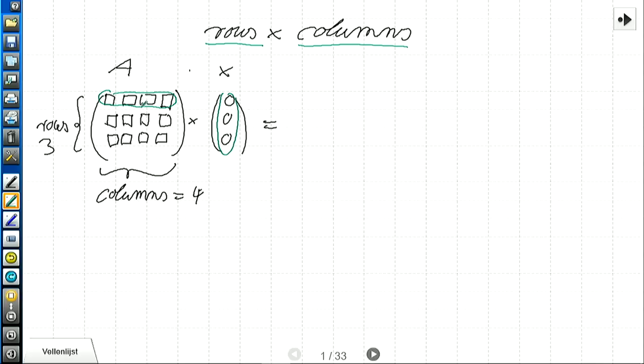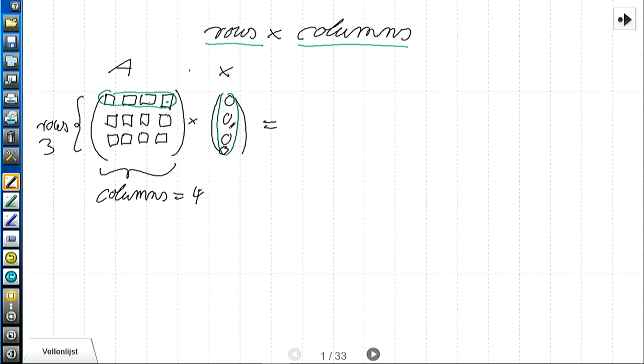In this case, it doesn't match because the row has 1, 2, 3, 4 elements, and the column has 1, 2, 3. So this product does not exist. However, if I would add another symbol here, I would have rows of length 4 on the left side, on the right side a column of length 4, and I could solve the equation.